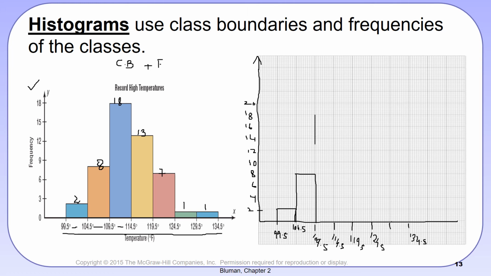Just keep one thing in mind: there will be no gap between the bars. Then the next frequency is 13, then 7, and then 1, and this one is also 1.